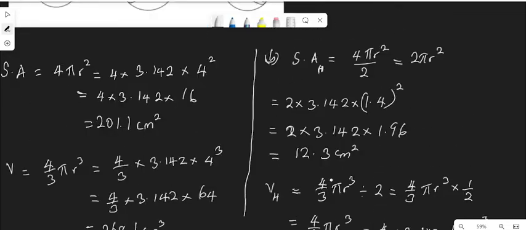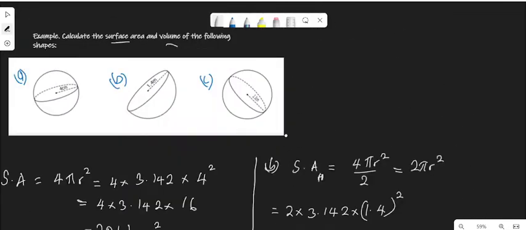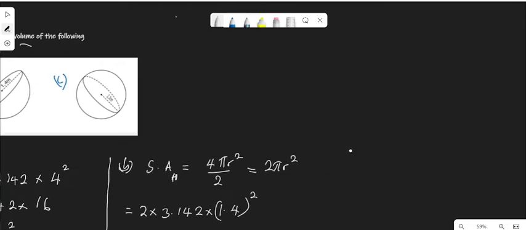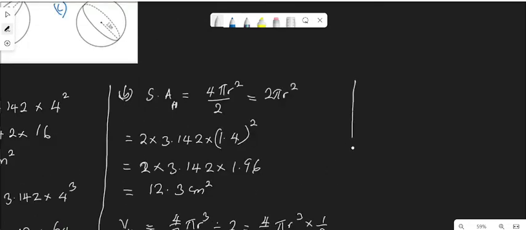And lastly, the third one is a sphere also. Let me do that here. That is question C now. The surface area of a sphere is 4 pi r squared. That will be 4 times pi, which is 3.142.